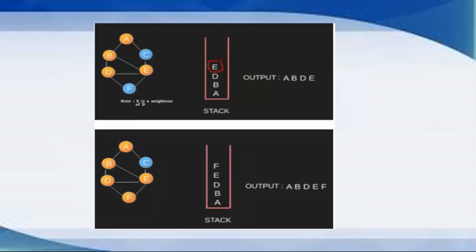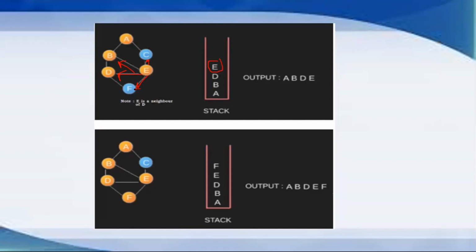Clear? Now E is pushed. Now E's adjacent nodes are F, D, B, and C. I can take any one of them, but I know that B and D have been visited. Now F and C remain.